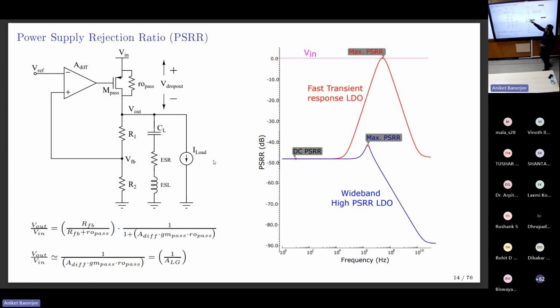So if you want Vout to be constant even for very high frequency disturbances, then you want to move this pole slightly to high frequency. Then I will not use a 1 microfarad cap. If I change the output cap to capless or very small, then this pole moves to high frequency.